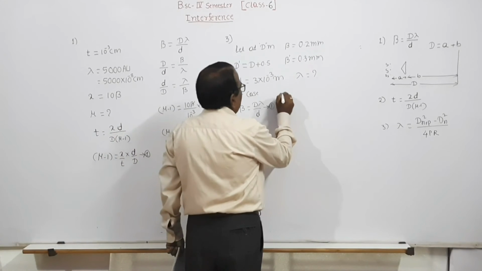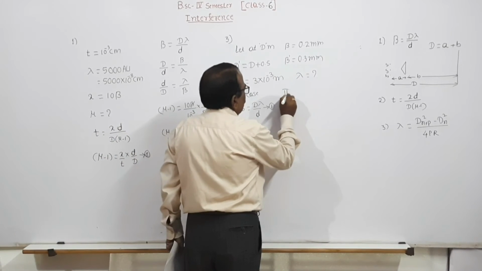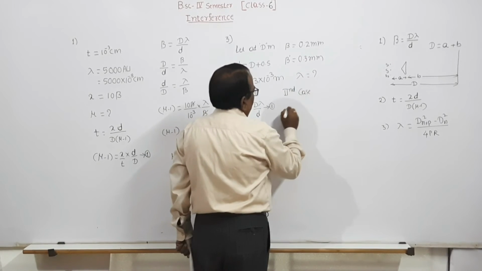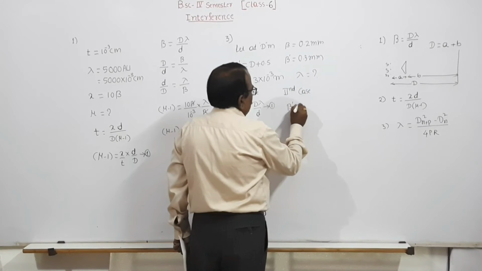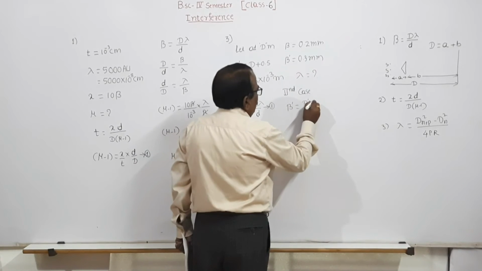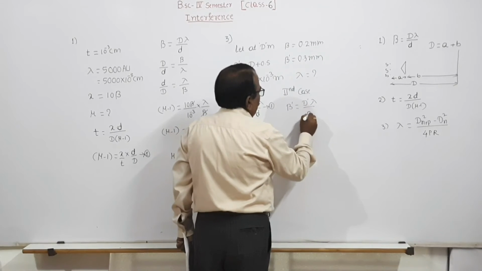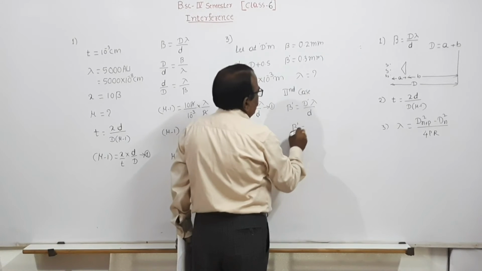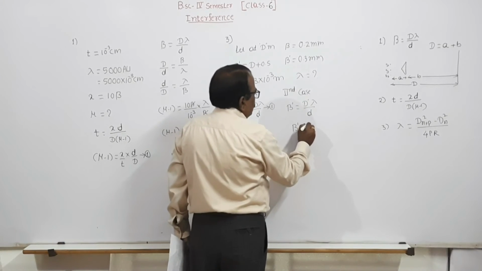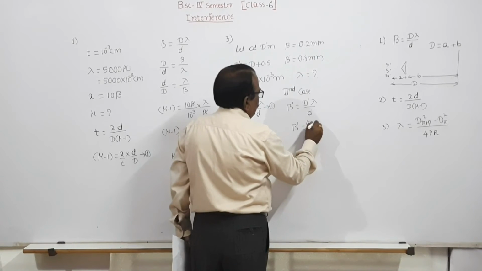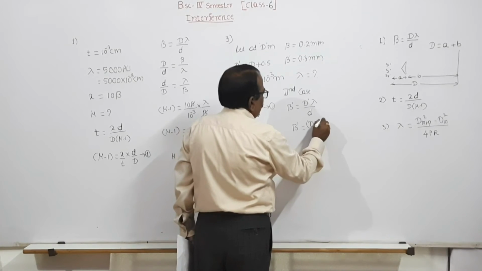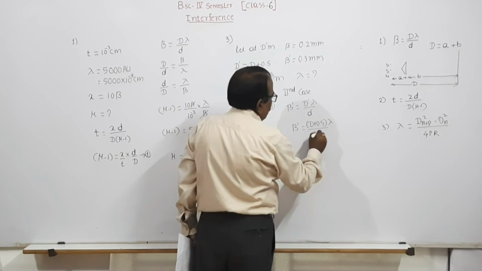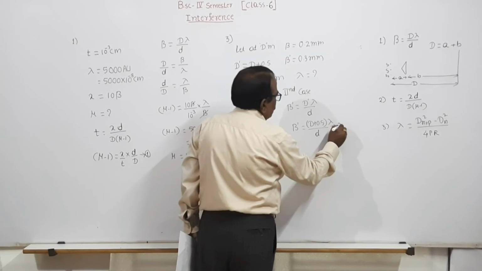Therefore, second case, beta dash is equal to D dash lambda upon d, or beta dash is equal to D plus 0.5 into lambda upon d. Call this equation 2.